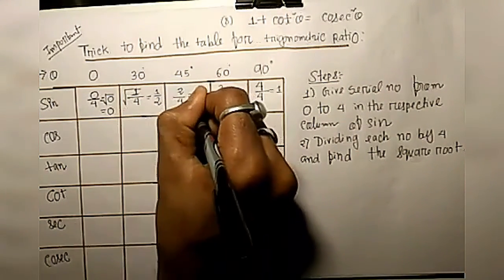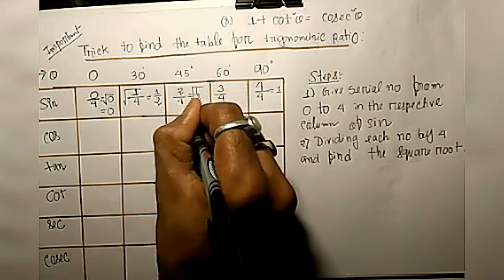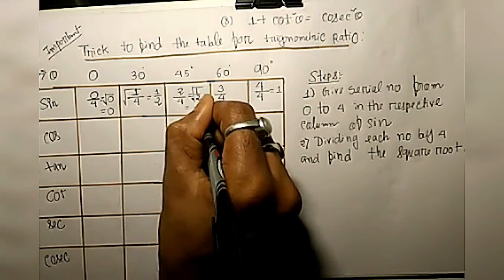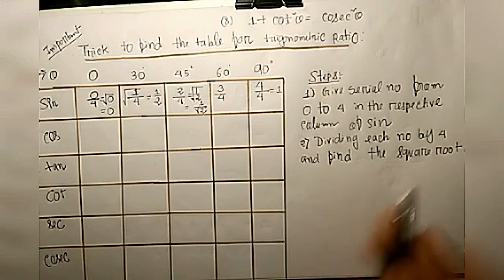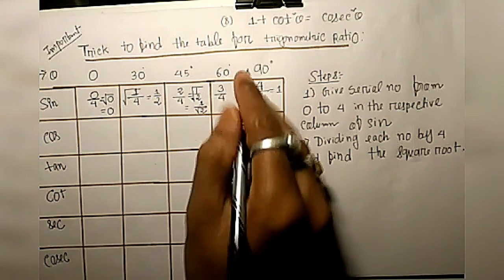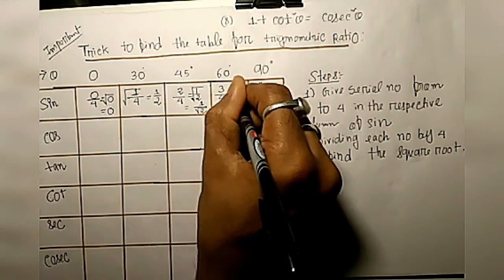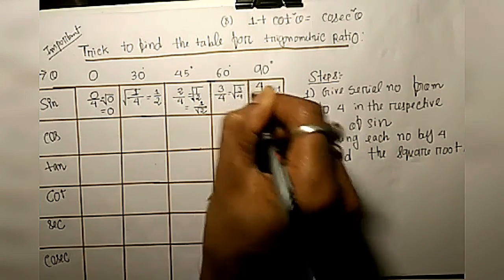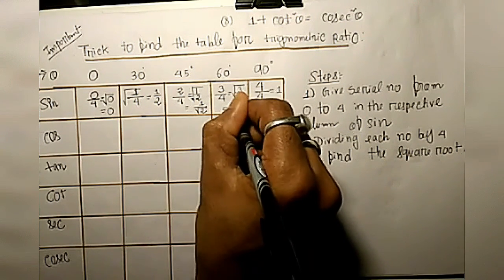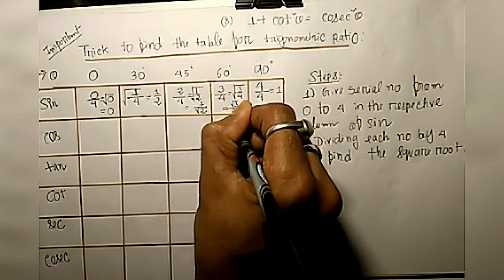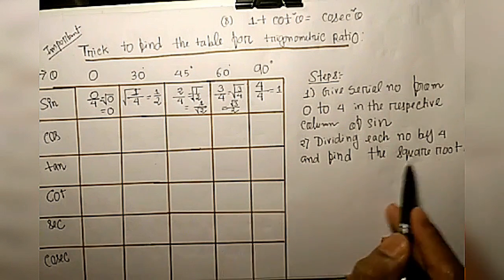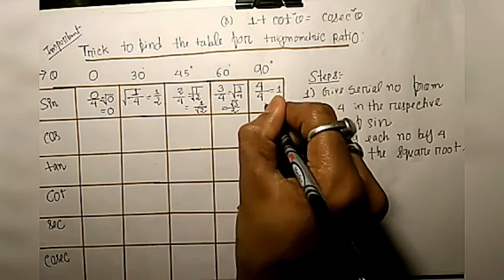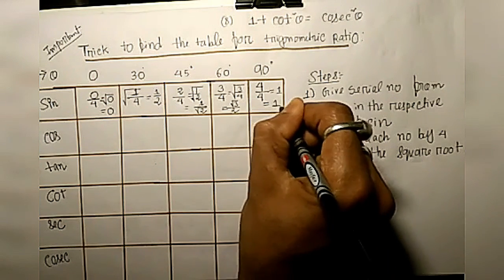Next, square root of 1 by 2 is 1 by root 2, because square root of 1 is 1. Then square root of 3 by 4 equals root 3 by 2, because square root of 4 is 2, square root of 3 is root 3, and square root of 1 is 1.